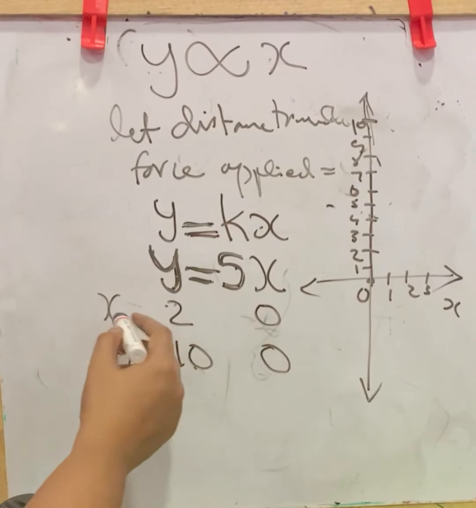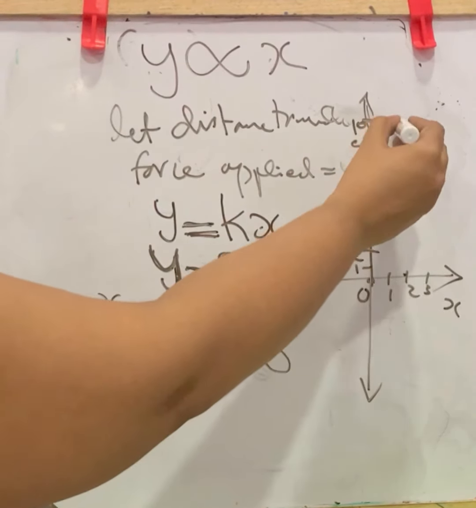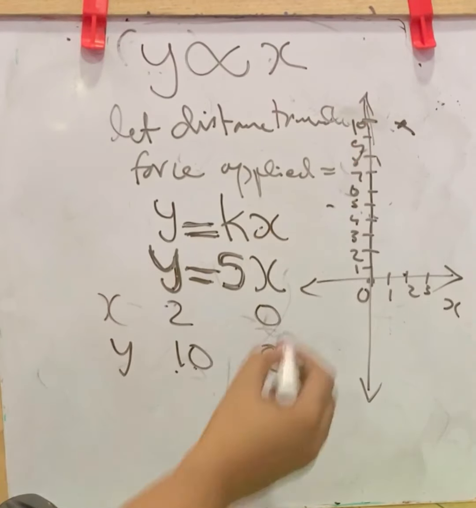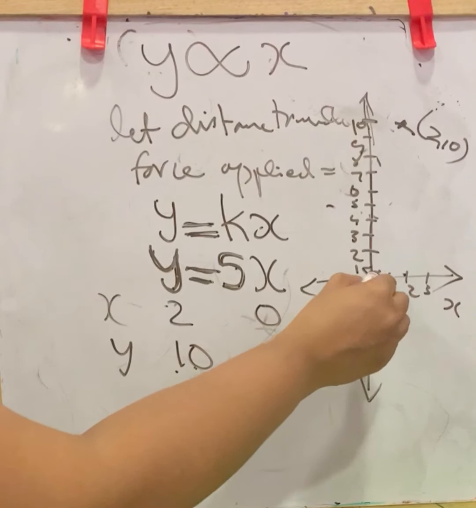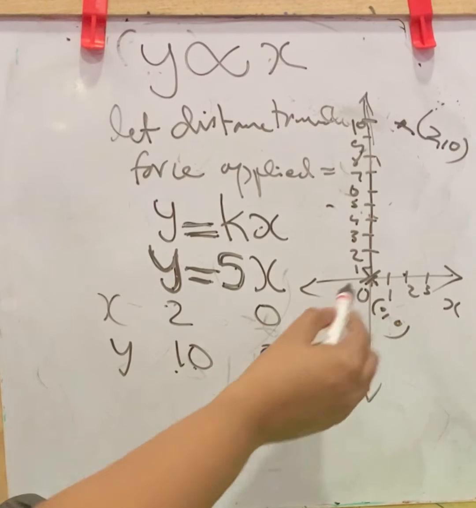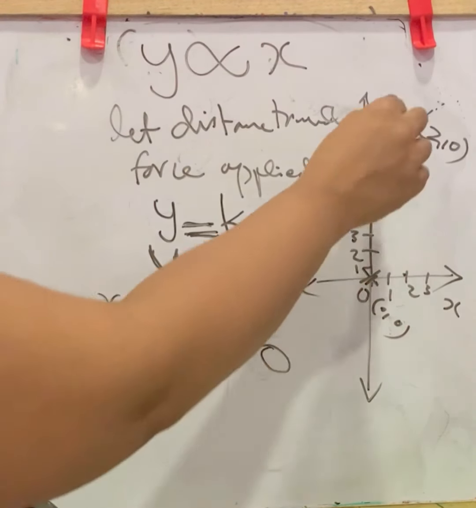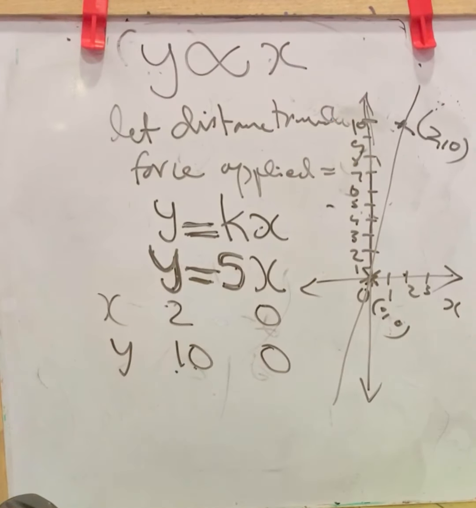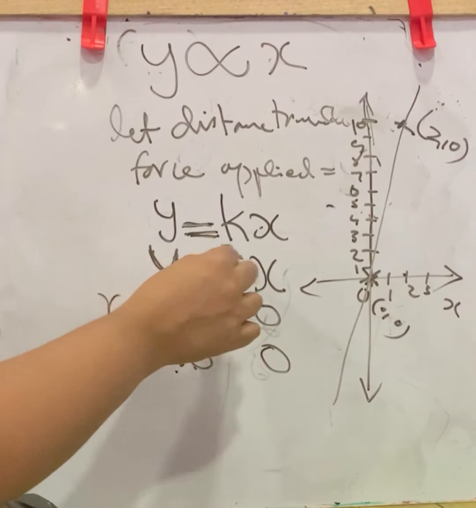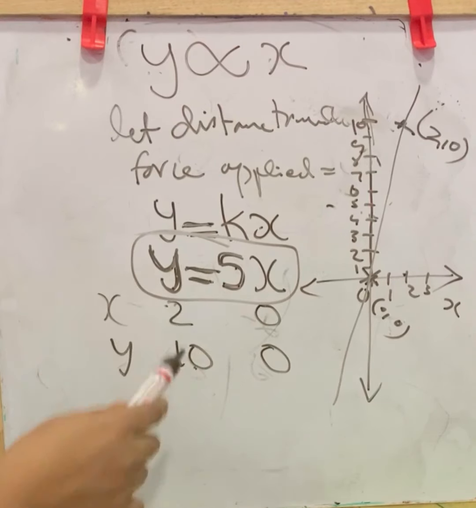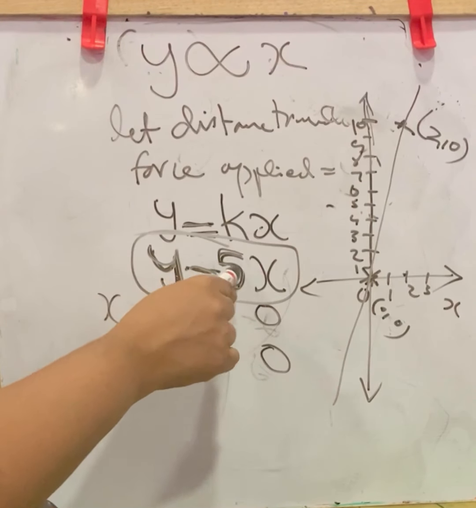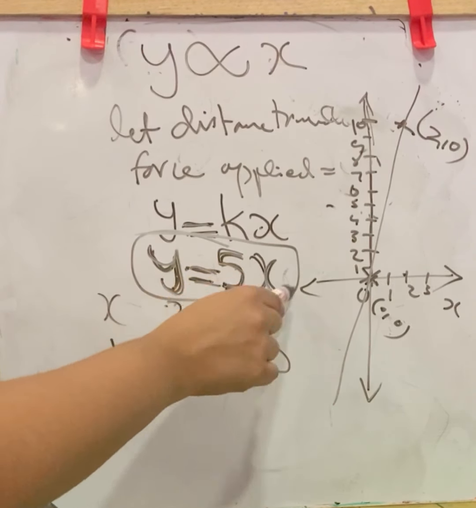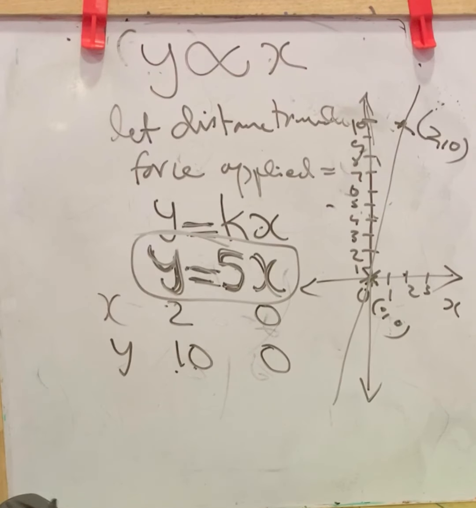So if x is 2, y is 10 here. This is 2, 10. If x is 0, y is 0. 0, 0. Now join it. This is the straight line which shows y equal to 5x. Here 5 is given in the question. It is the constant force. That is, force is equal to constant force into distance travelled, kx.